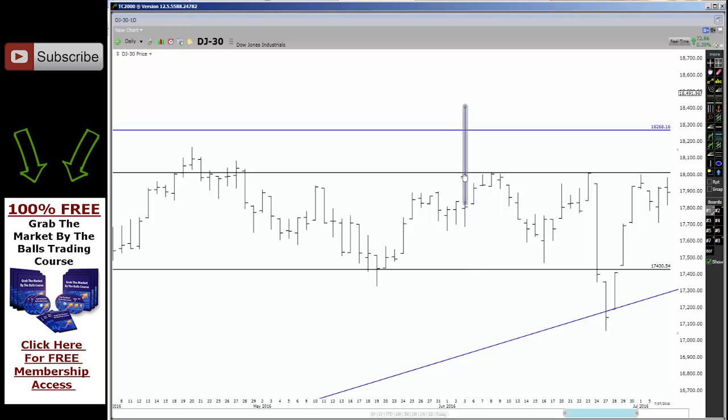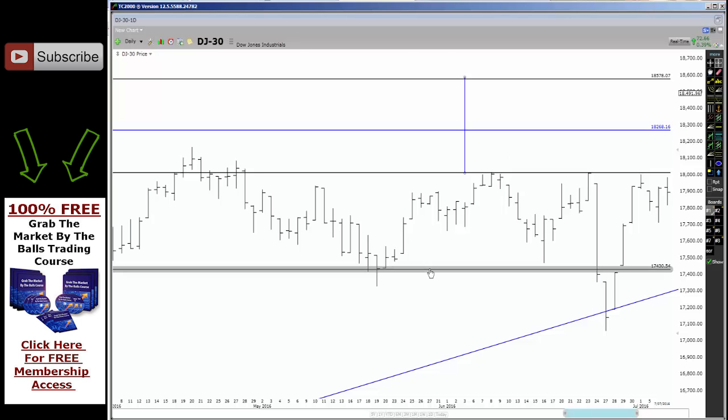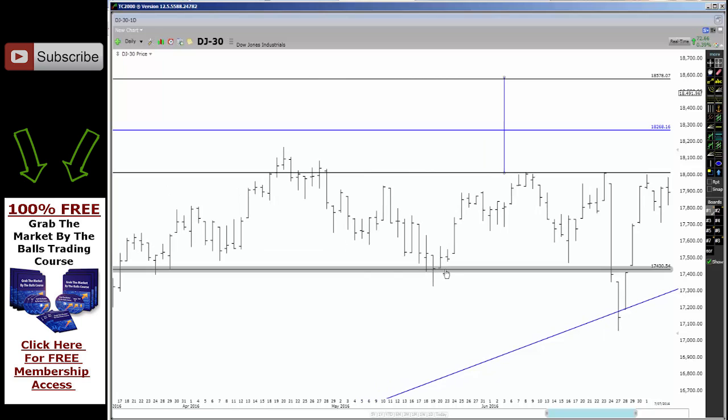Now, if we extend this out to the high side, and if we get a breakout to the high side, then it's said that we could get a nice movement back up to around about, let me just do this here.